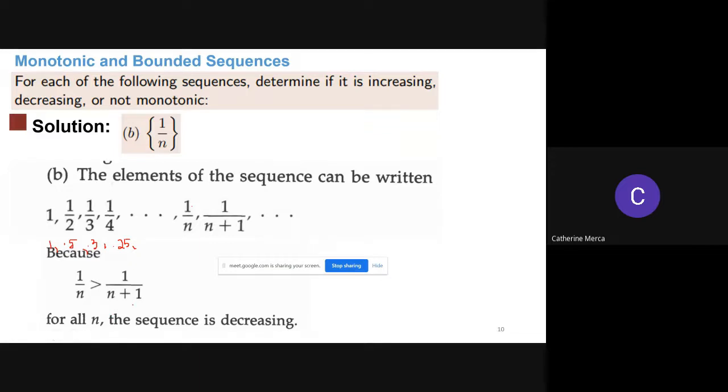And that means to say, since the prior is bigger than the next, the sequence is decreasing. Okay? It's clear, the value is smaller because its divisor is bigger.